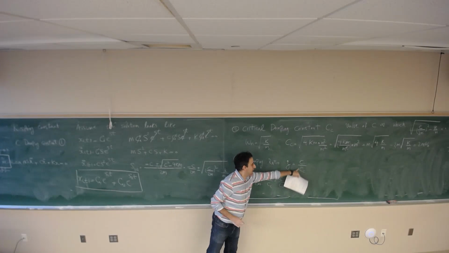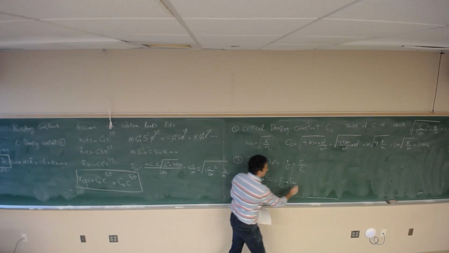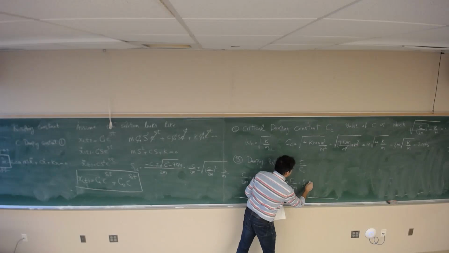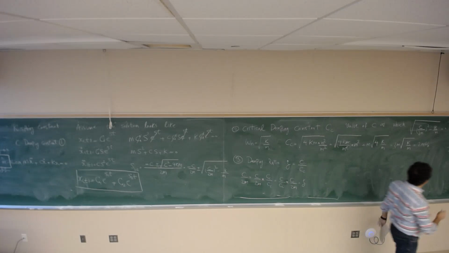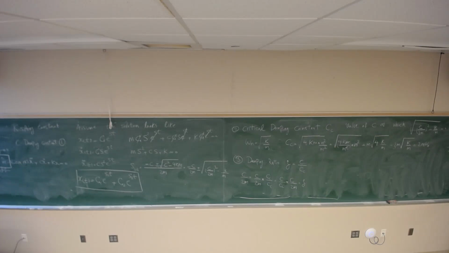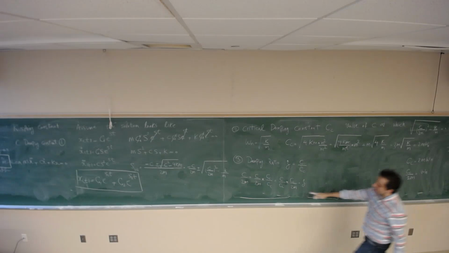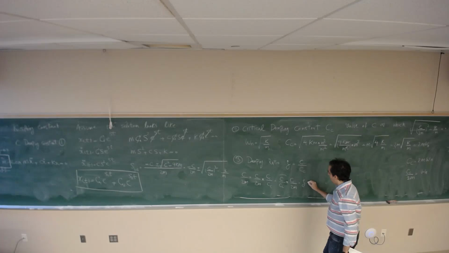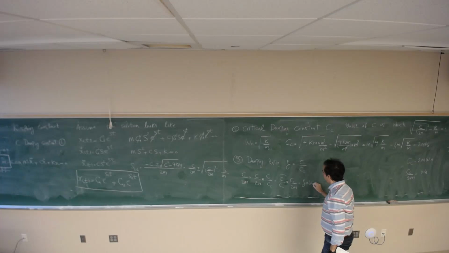C over Cc, as we defined, is the damping ratio, zeta. And Cc is 2m omega n, so Cc divided by 2m is the angular frequency. So it's going to be zeta times omega n.